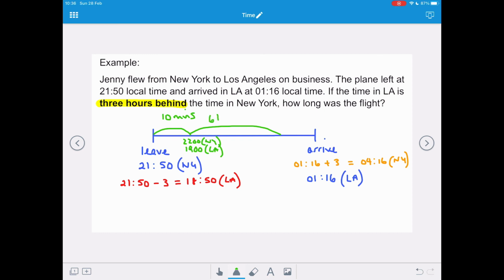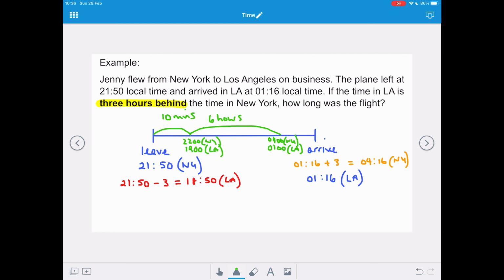And there are 6 hours between 10 p.m. and 4 a.m. the next day, or there are 6 hours between 7 p.m. and 1 a.m. the next day in LA time.